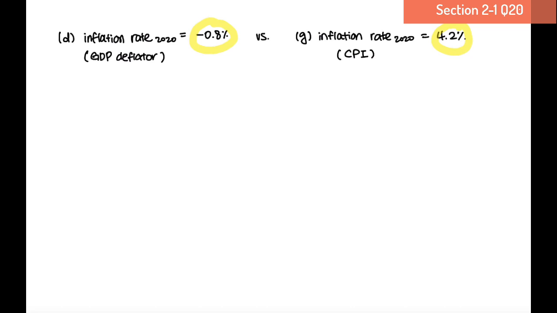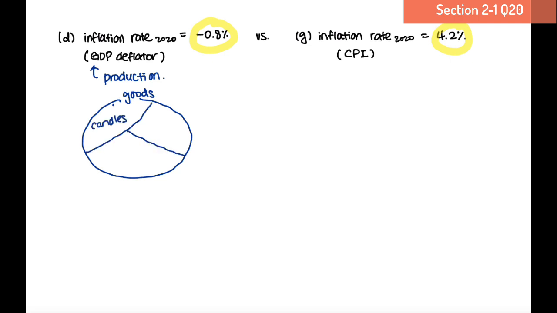In the case of GDP deflator, we're using the amount of production in the economy. So if we look at the amount produced in, say, 2020, then out of all the goods that we have produced, we have 100 candles, 100 mints, and 150 hot dogs.